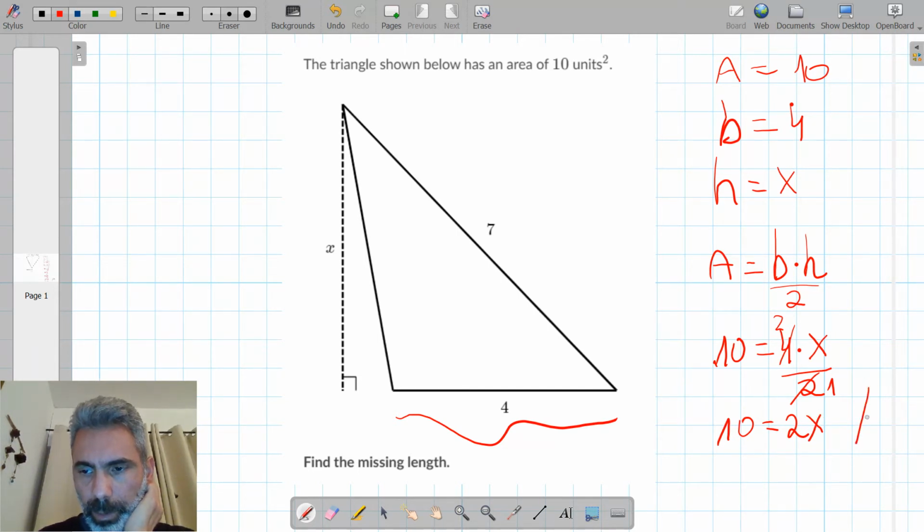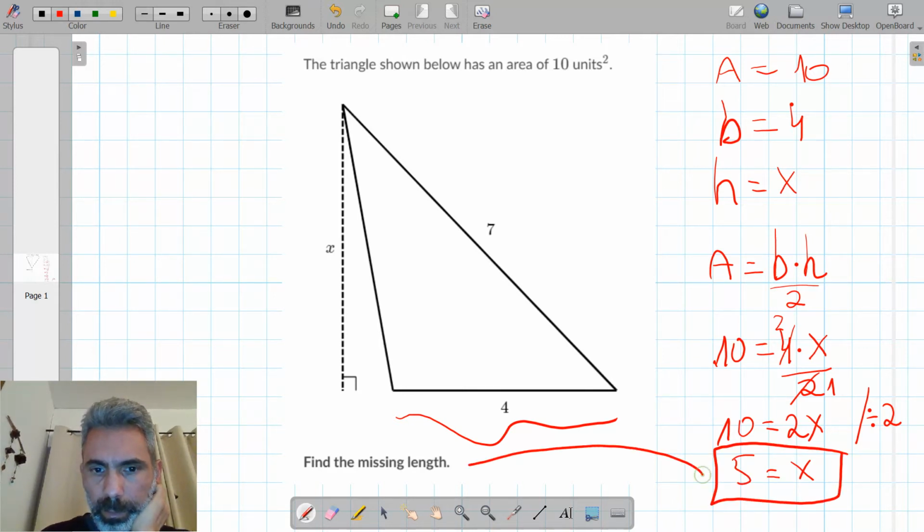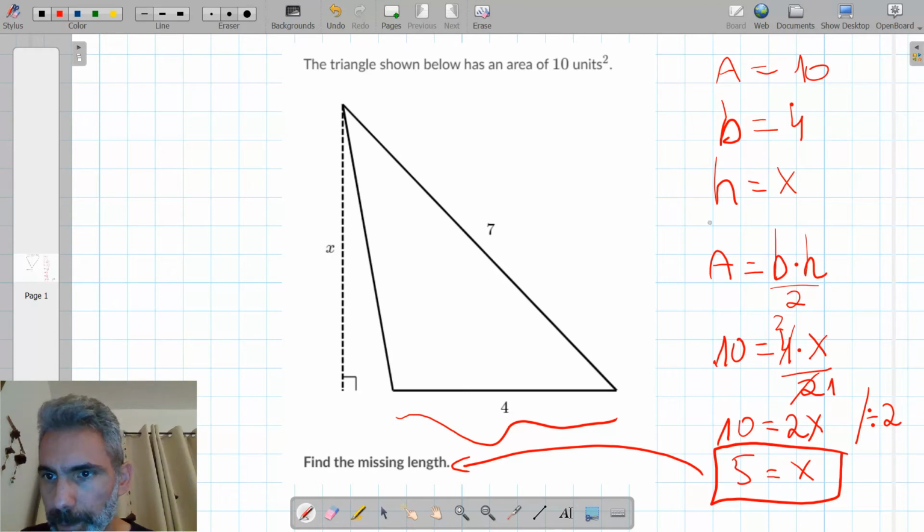So I divide both sides of the equation by 2 in order to isolate the x. So on the right hand side I'm left with x, and on the left hand side 10 divided by 2 is 5. So the answer is 5. And if I go back to the original formula and plug in the answer, so I have 5 as the x.